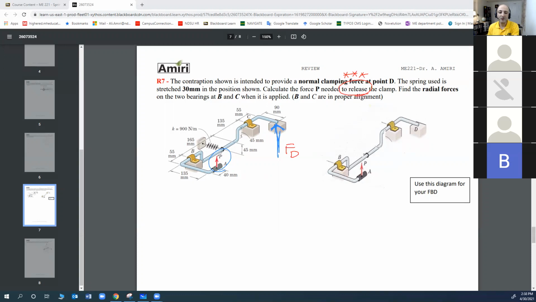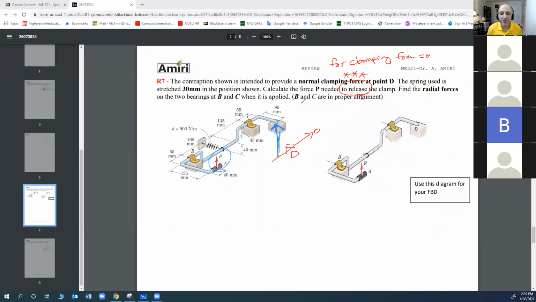You want to start applying force P for this clamping force to release. What does that mean? The normal force is 0. That means it's not going to move, but you want to find that P that releases this, right? When it's released, in other words, when it's not contacting the surface or applying any load, this is going to be 0. So it could have just said, find the P for the clamping force to be 0. That's one important piece of information.